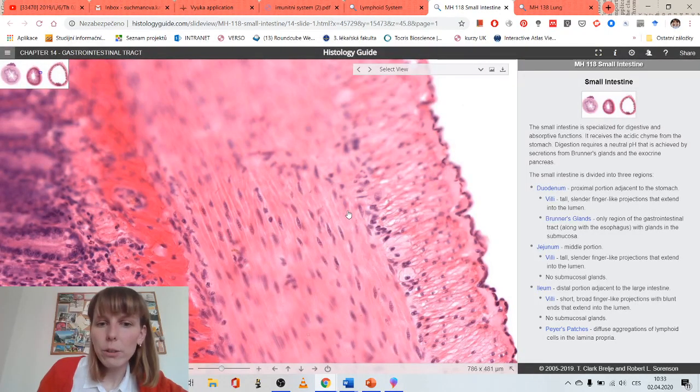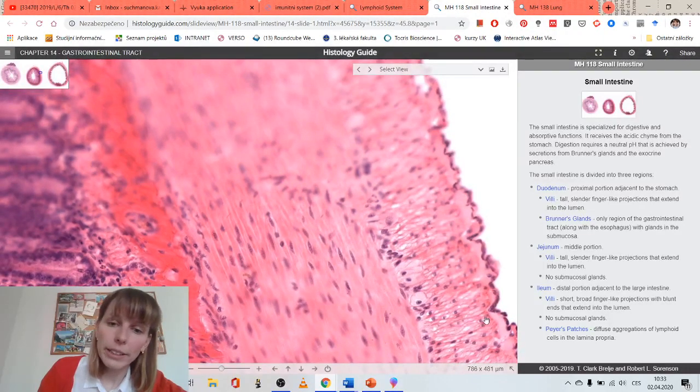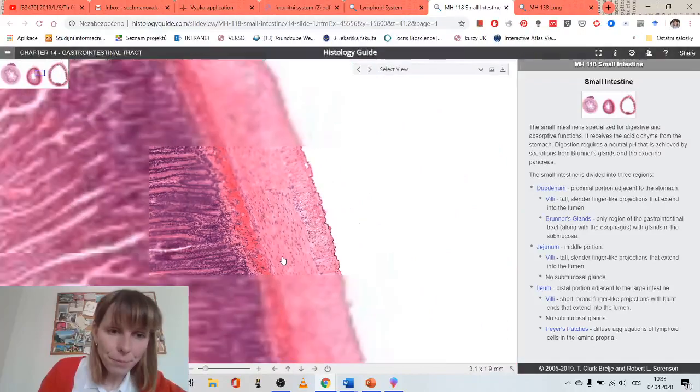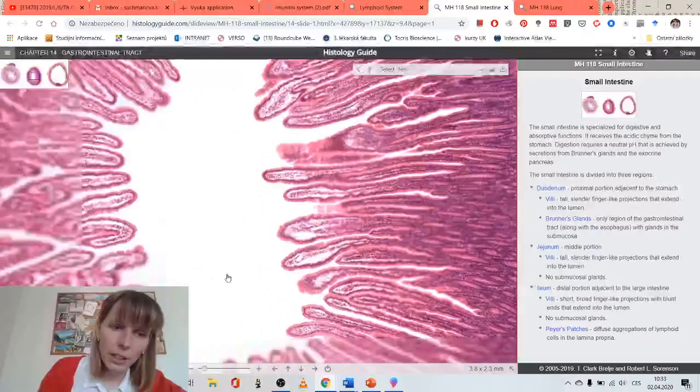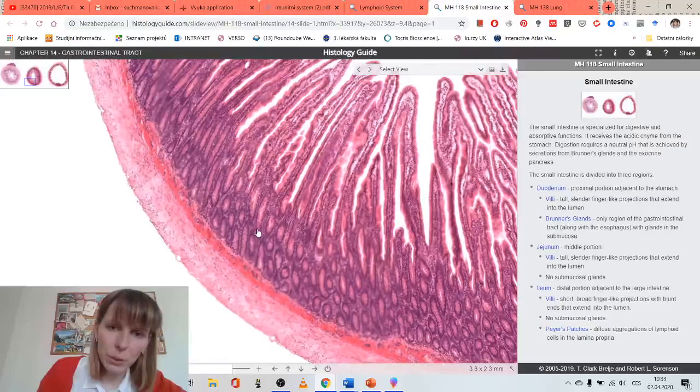One layer of smooth muscle, a second layer of smooth muscle here, and then you have tunica serosa, again connective tissue on the outside. So that's just a quick review of the small intestine.